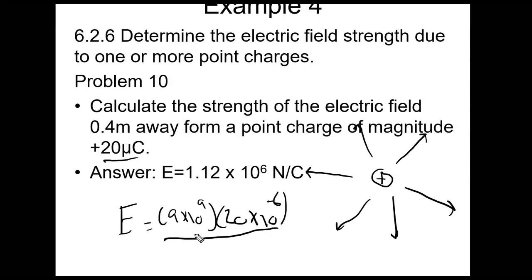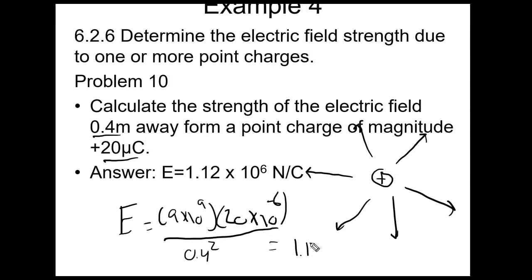So I have kQ divided by r squared, so r in this case is 0.4 meters. And so I go to my calculator and I type this in, and I should get the answer that they give you on the paper, but let me just confirm that. I'm typing into my calculator 9 times 10 to the power 9 times 20 times 10 to the negative 6, and then I'm going to divide by 0.4 squared, and I get a very large number, which does appear to be consistent with this.